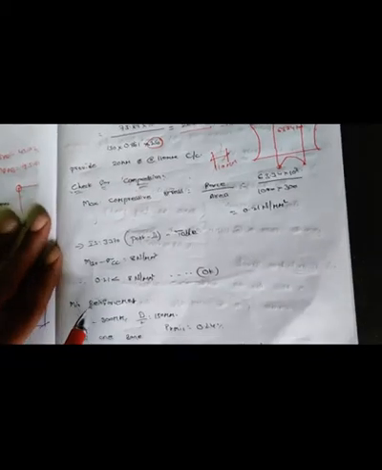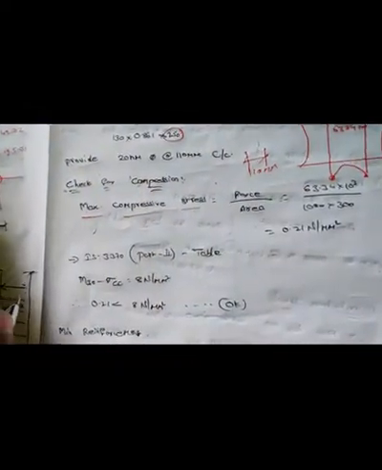Now the difference between before and now: before we did the design and check for tension. Now we are doing the check for compression. Now for maximum compressive stress, one more step will be added, that is obviously our stress formula, force upon area.